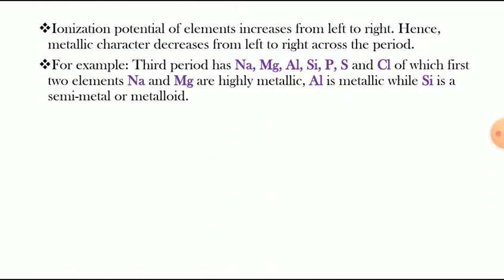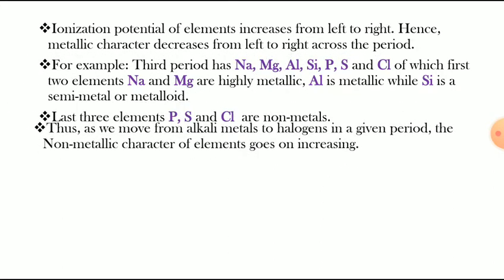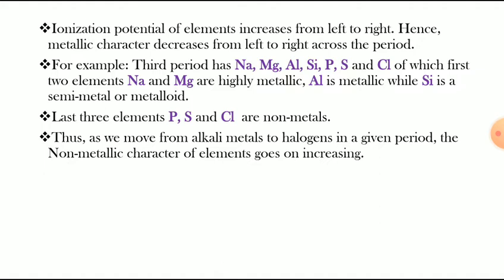The last three elements, phosphorus, sulfur and chlorine, are non-metals. Thus, as we move from alkali metal to halogen in a given period, the non-metallic character of elements goes on increasing.